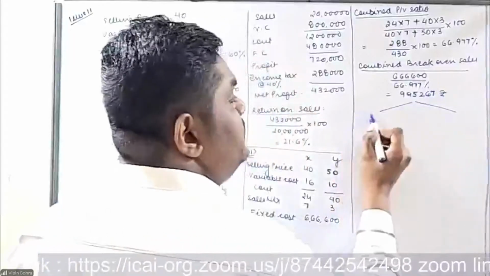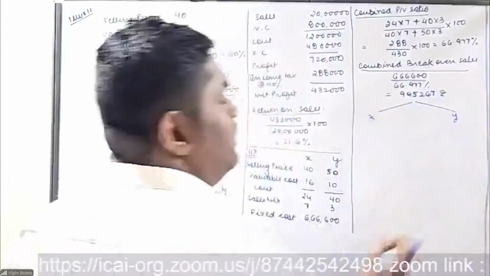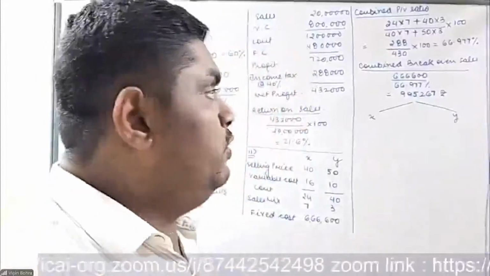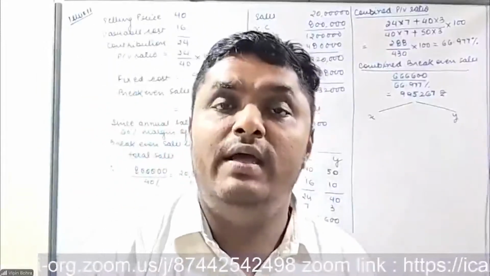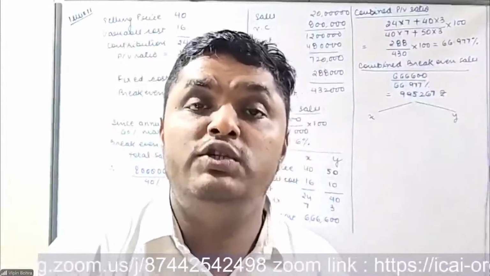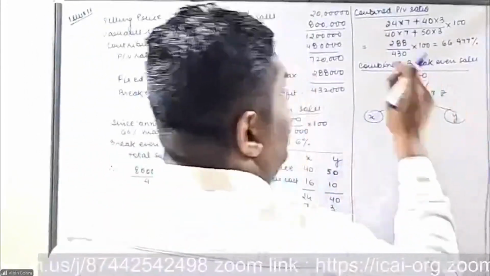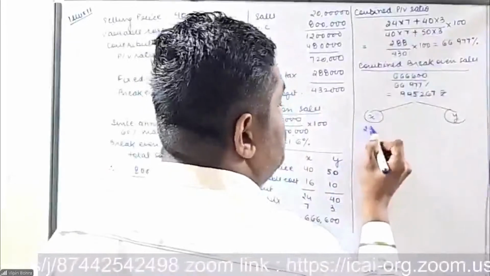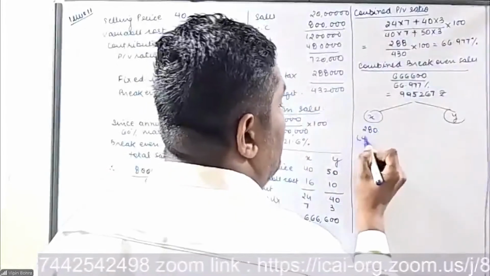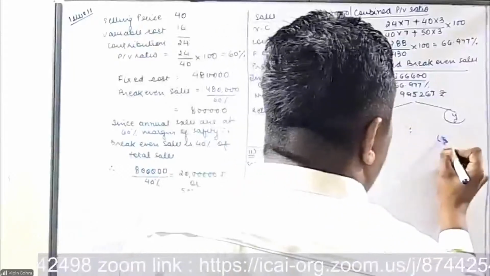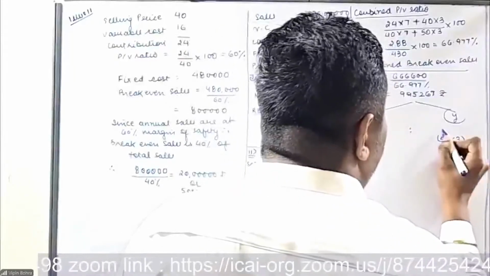If we want to distribute in X and Y, it should be in the ratio of sales. Very important. It should be in the ratio of sales. So when talking about sales ratio, it is 40 into 7, that is 280, is to 50 into 3, that is 150.